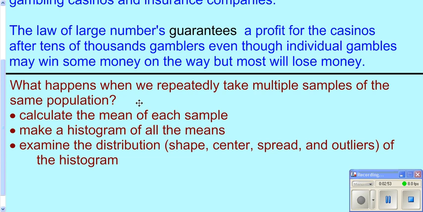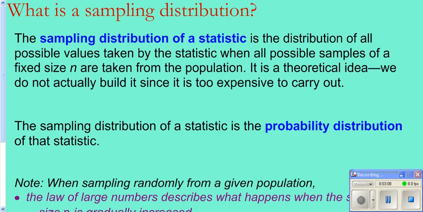So, what happens if we take multiple samples of the same population, calculate the mean, and make a histogram of all those means? What would the shape of that histogram be? Well, that ends up giving us a sampling distribution.